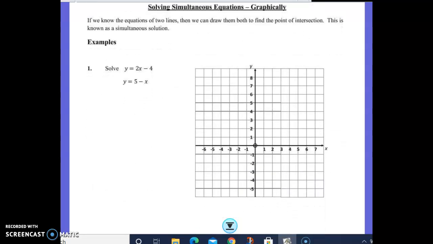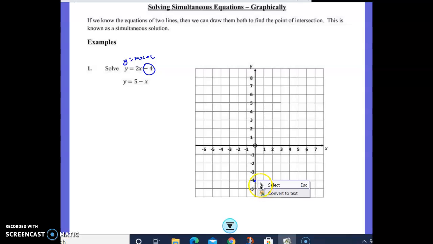I'm going to draw the lines here. You don't need to worry so much about the drawing of the lines. It is more about being able to solve them once you've got the lines drawn. So my first one here, I've got the line y equals 2x minus 4. If I compare that to y equals mx plus c, that means it cuts at minus 4, so it starts down here at minus 4.